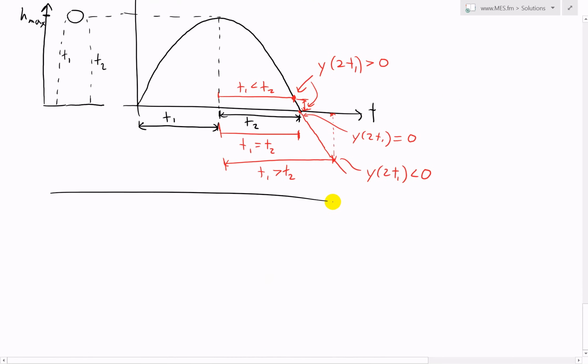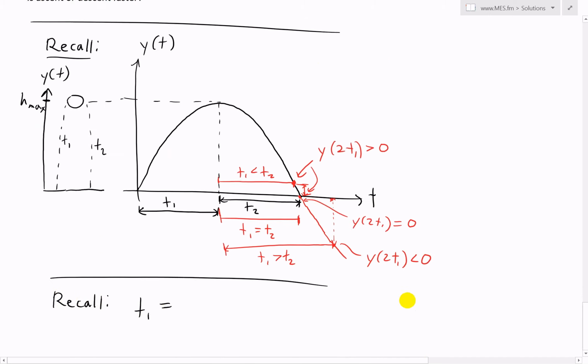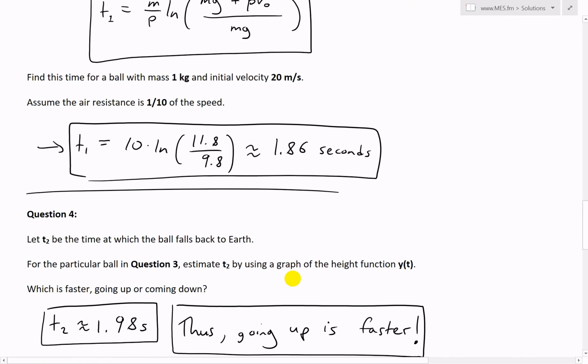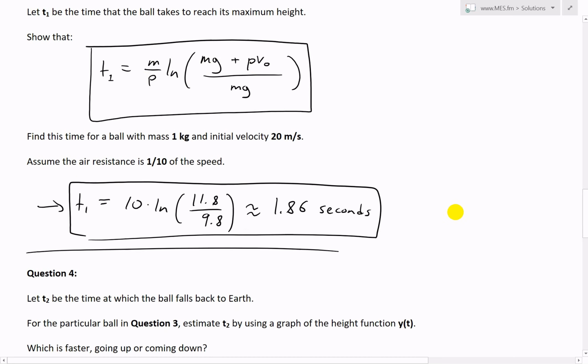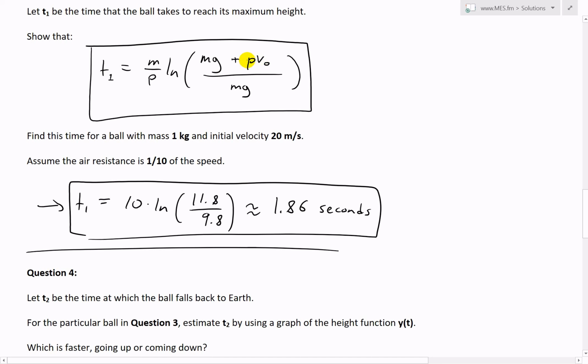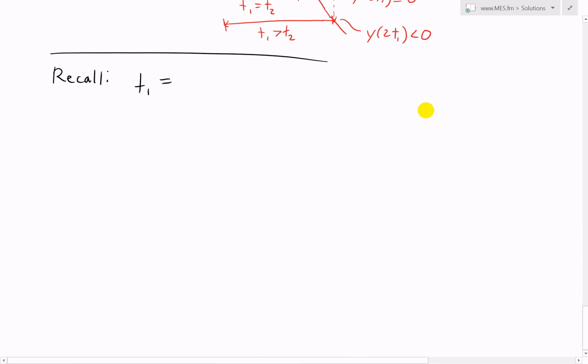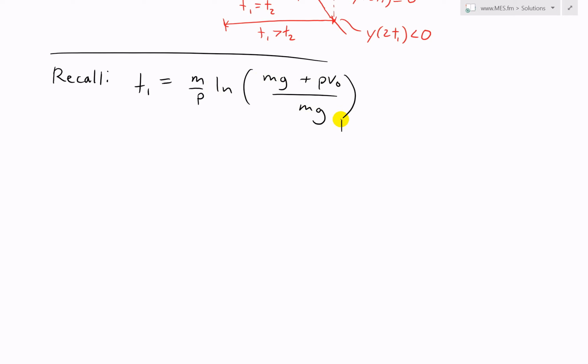First, recall the formula for t1 from question 3: m over p, where m is the mass and p is the coefficient of air resistance, times ln of mg plus p v0, where v0 is the initial velocity of the ball and g is the acceleration due to gravity, all divided by mg. So t1 equals m over p times ln of (mg plus p v0) over mg.